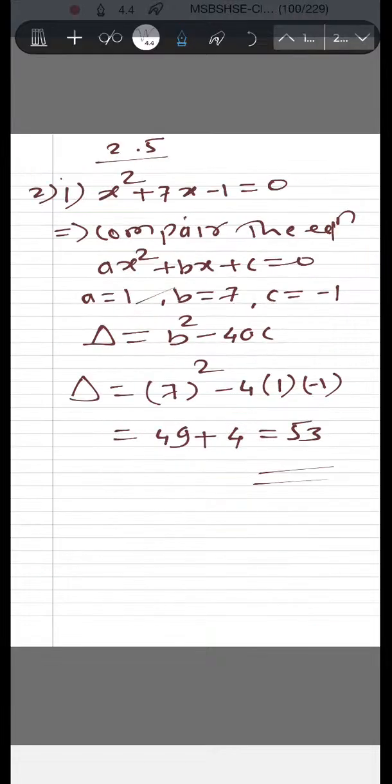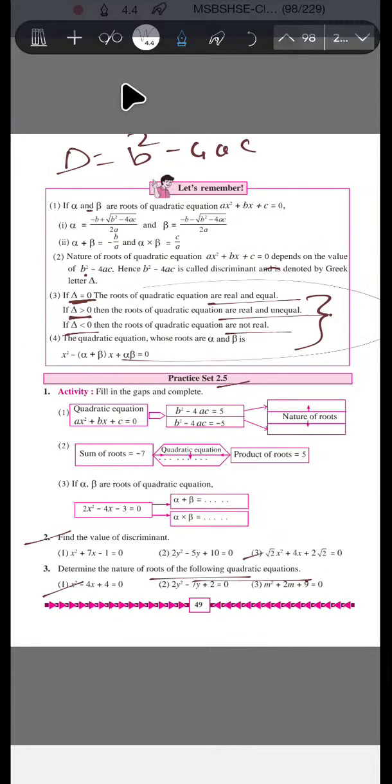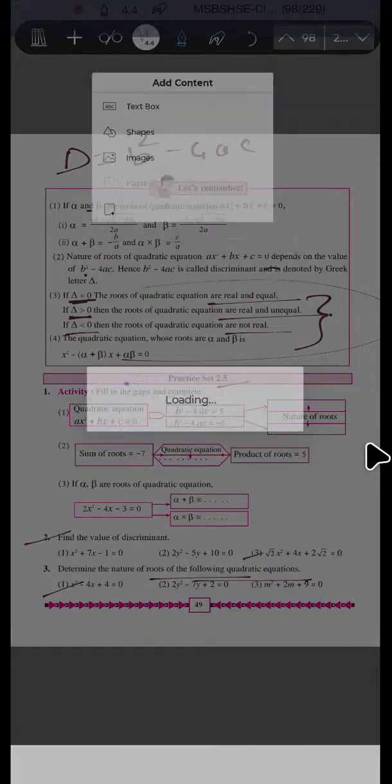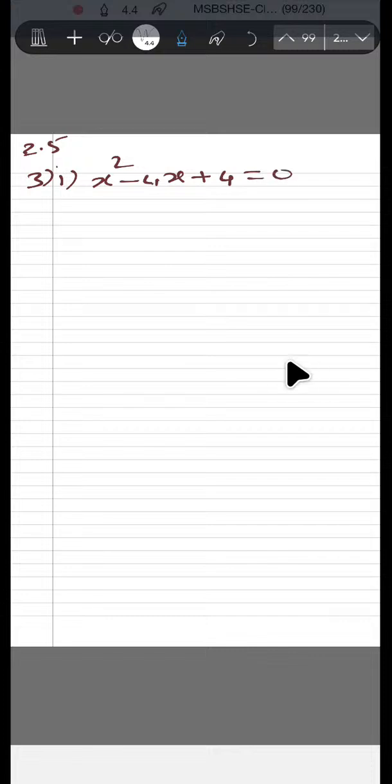That first question answer is here. Let me write that first so you can easily understand. The question says, from 2.5, question number 3, and the first question is x square minus 4x plus 4 is equal to 0.